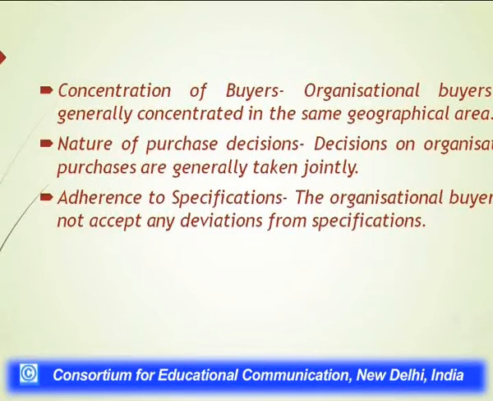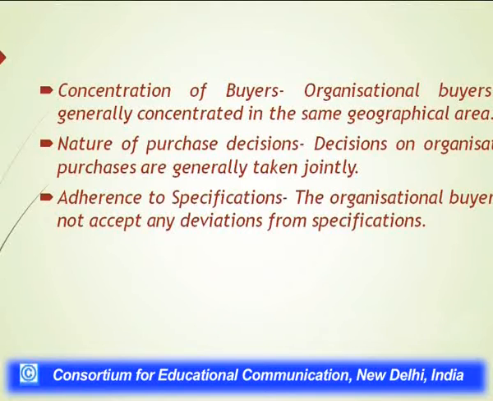Let us understand the other aspects on the basis of which we can differentiate between an organizational buyer and a household buyer. The next factor is concentration of buyers. Organizational buyers are generally concentrated in the same geographical area. Say for example, you would find the automobile industries or the manufacturing plants set up near Indore, Madhya Pradesh.